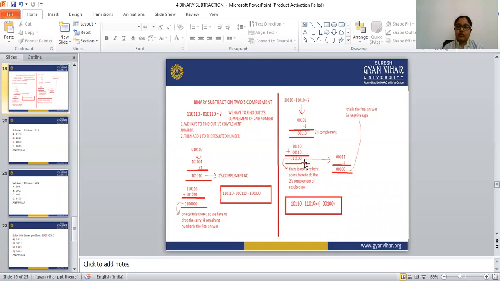For that, we first convert it into the 1's complement number, then we add 1 to the 1's complement number. After adding that, we will get our correct answer.